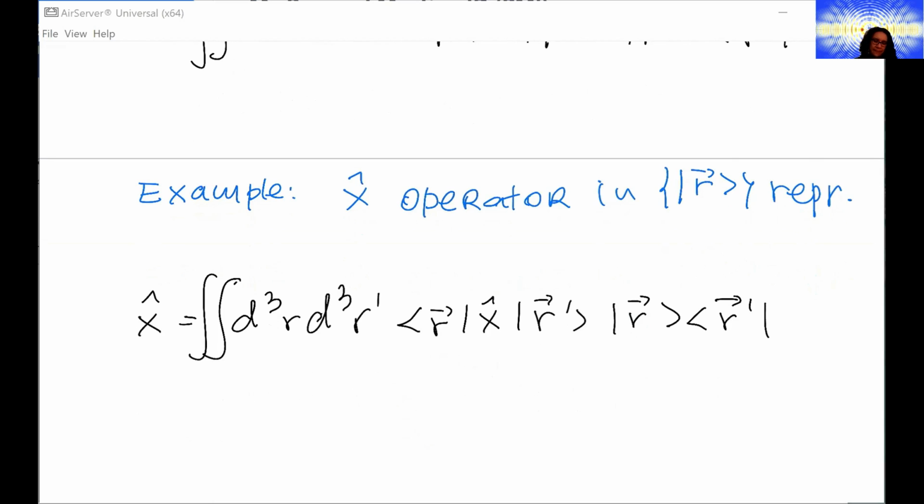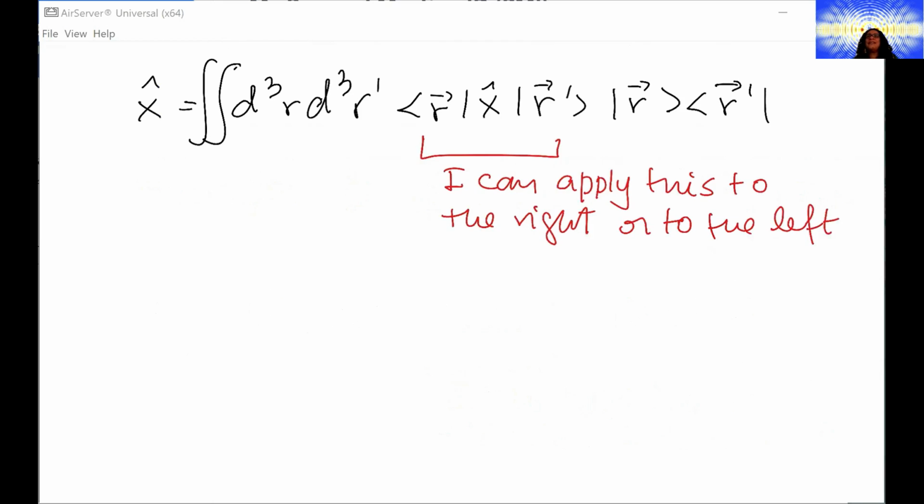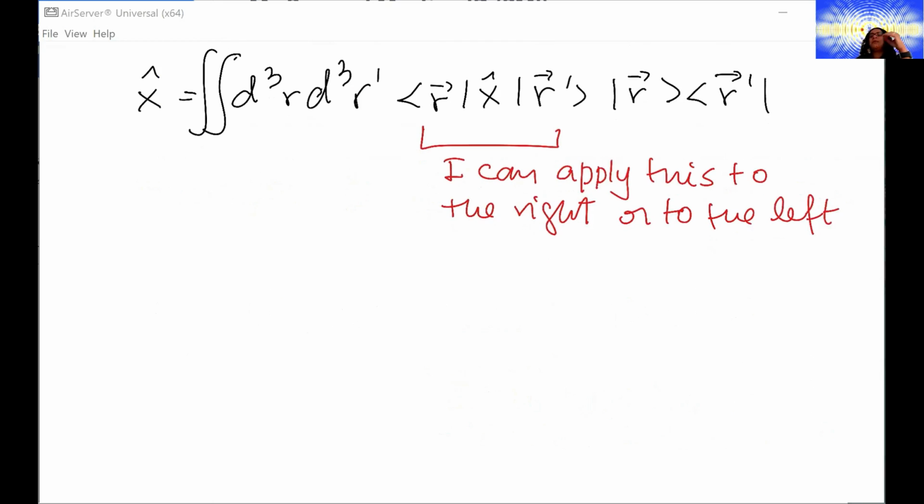Okay, so here, let me just specify, I can apply this to the right or to the left. My choice. Do what you find nicer. It doesn't matter, I'm going to get the same result. Say I apply this to the right. So if I apply to the right, I get ⟨x'|r⟩.